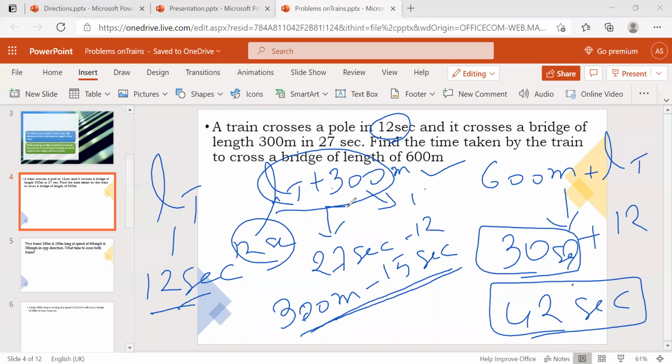And crossing the bridge means the total distance is 600 meters plus the length of the train. The length of the train takes 12 seconds to cross. So 30 plus 12, totally 42 seconds it will take to cross the 600 meter bridge. Okay. Is it clear?